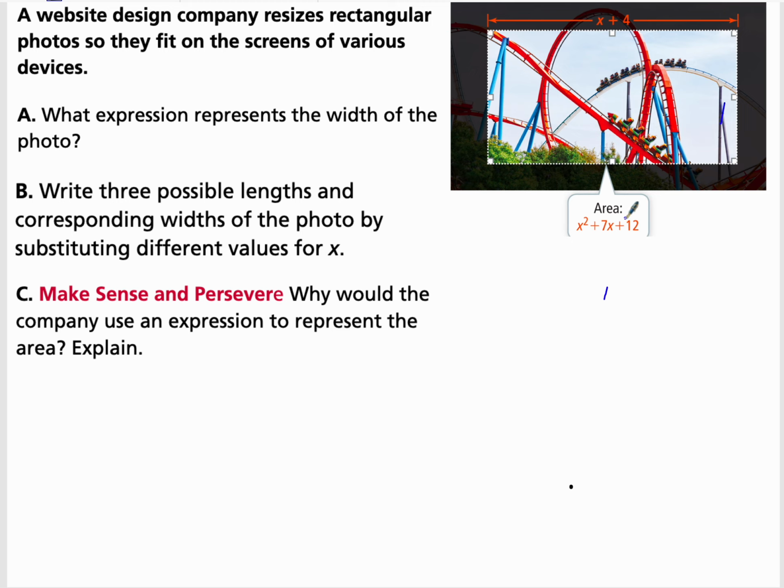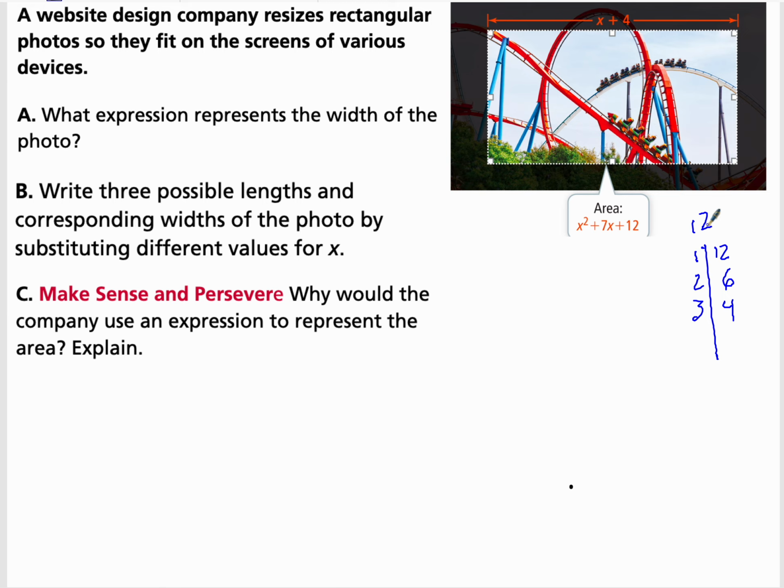So really all we need to do is factor this, which means remember that when we're factoring trinomials in this form, we just need to find the factors of 12 that multiply to 12 but add to 7. So the first thing I would do is write the list of factors of 12, which would be 1 and 12, 2 and 6, and 3 and 4, and that would be it.